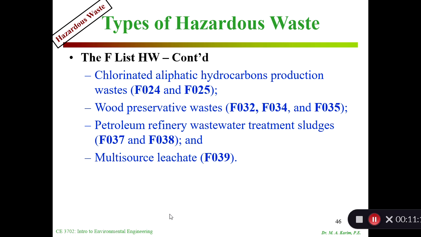Chlorinated aliphatic hydrocarbons production waste, F024 to F025. Wood preservative waste, F032 to F034 and F035. Petroleum refinery waste treatment sludge, F037 to F038, and multi-source leachate, F039. So these are the F list.